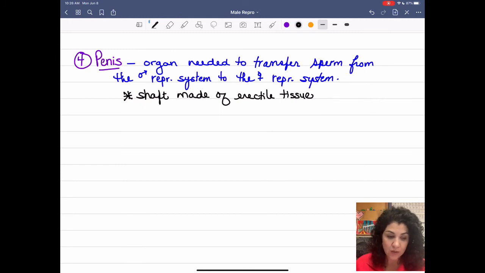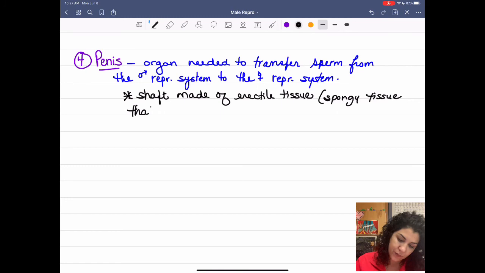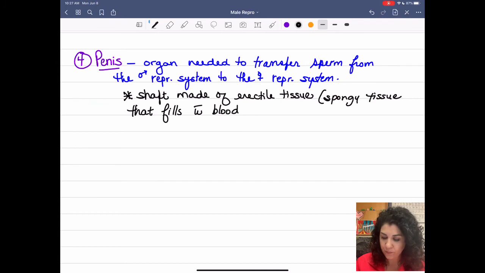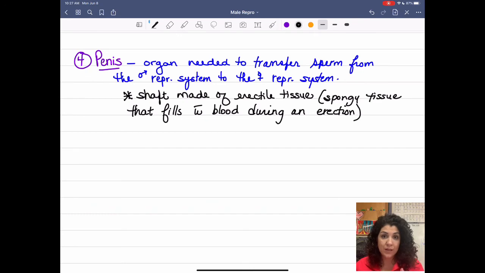Okay, so that's what that erectile, it's sort of a spongy tissue. It's called cavernous tissue that fills with blood during an erection. And then there is a sphincter, there's a valve at the base of the penis that closes and prevents the blood from leaving, and so you maintain that erection.